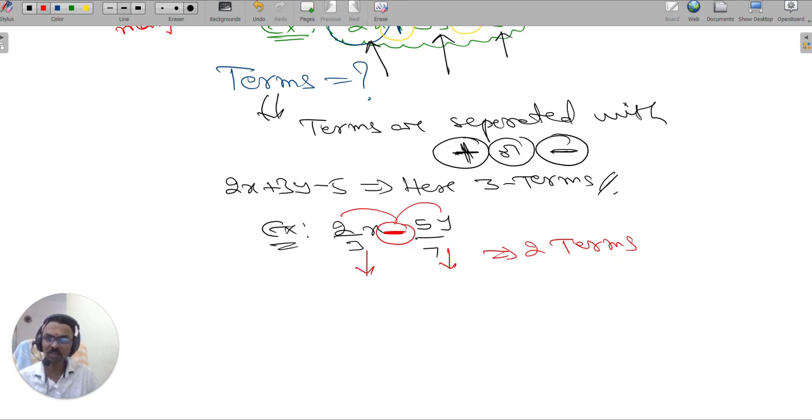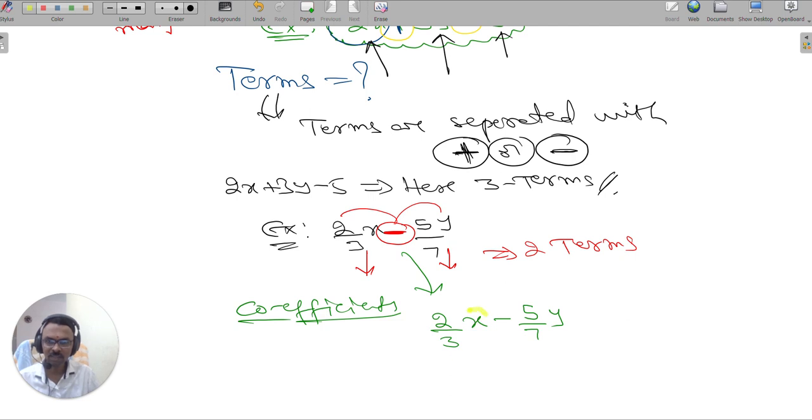Depending upon terms, we have one separate concept. Before going to that concept, let me tell you about the coefficients. What is meant by coefficients? Let me tell you in this above example only: 2 by 3 x minus 5 by 7 y.